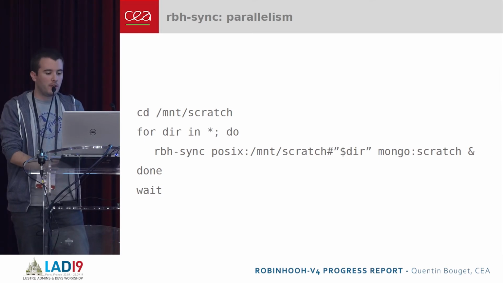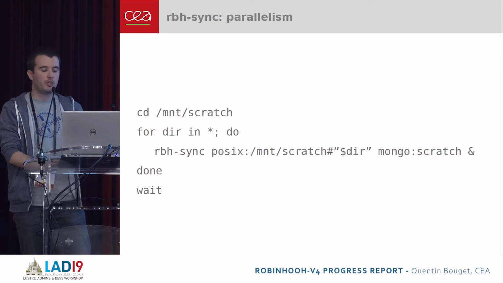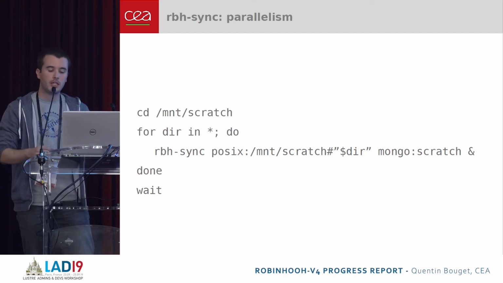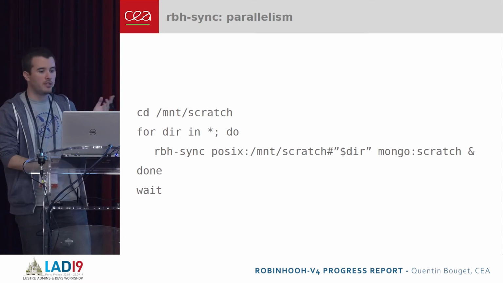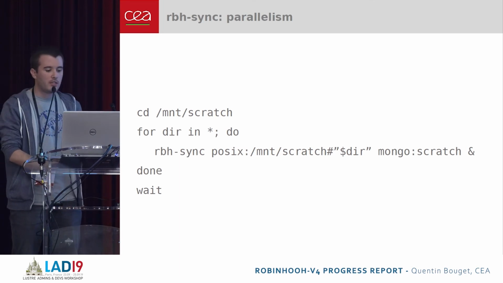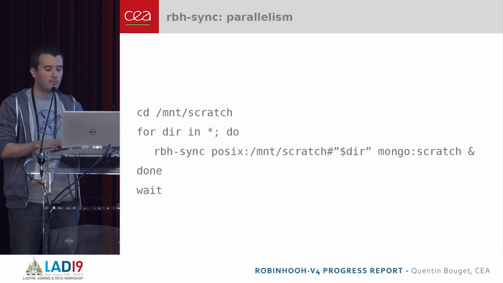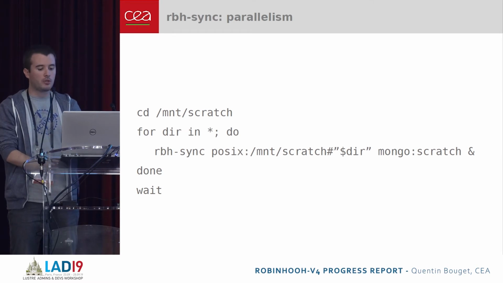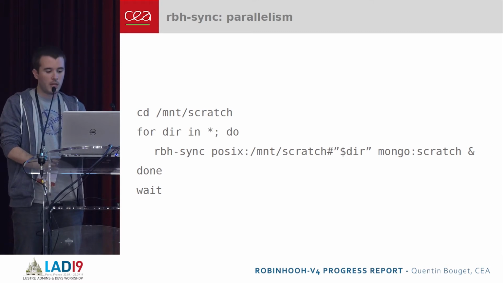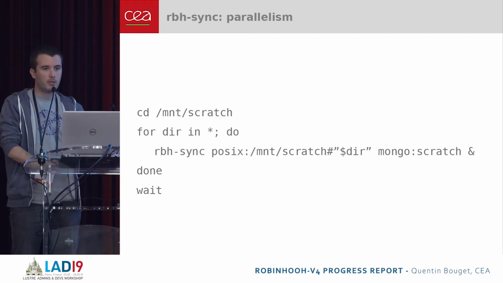That provides you with a fair bit of parallelism, but if you use the heuristic that I described here, you have to know in advance that your file system is pretty well balanced. Otherwise, you're going to launch a process, and maybe one of the directories in the root directory of the Lustre file system is going to account for half of all your files, and performance-wise, you're going to be slowed down because of this.